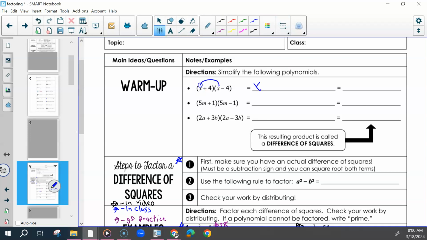X squared. X times negative 4. Negative 4x. 4 times x. 4x. And then 4 times negative 4. Negative 16. And then when we combine like terms, what happens there? The x's cancel out. So we would just have x squared minus 16.